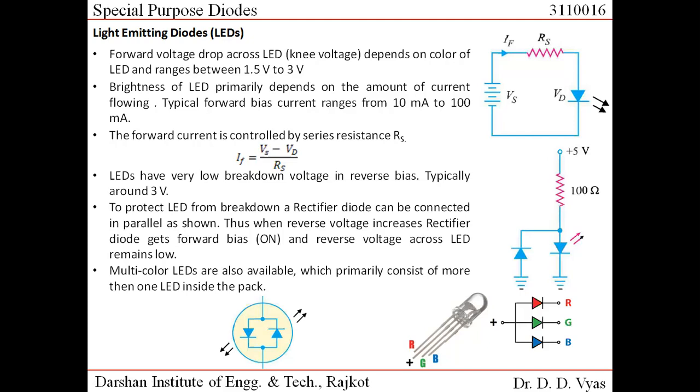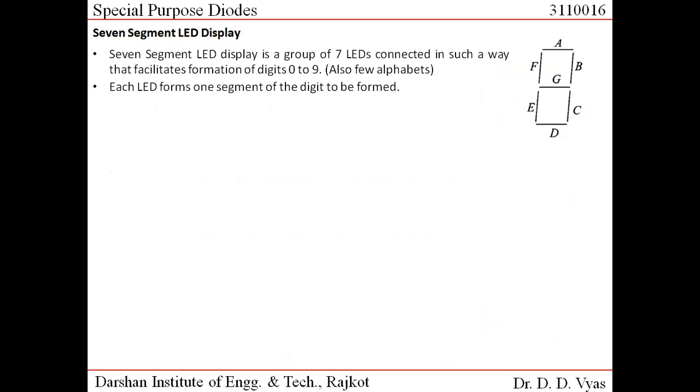Now, having understood LED, let us go towards the discussion of different types of displays based on LED. And we would start with the 7-segment LED display. A 7-segment LED display basically is a group of 7 LEDs connected such that it allows the formation of digits 0 to 9.